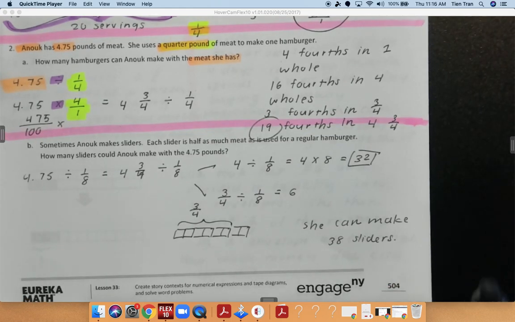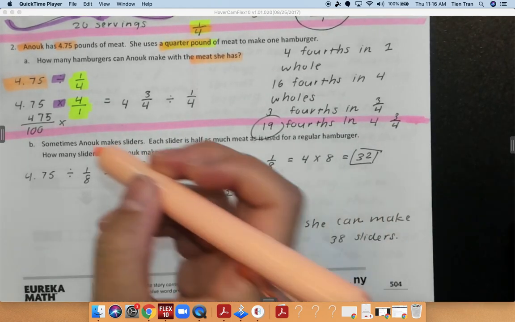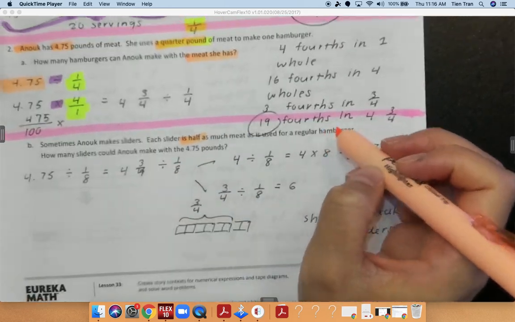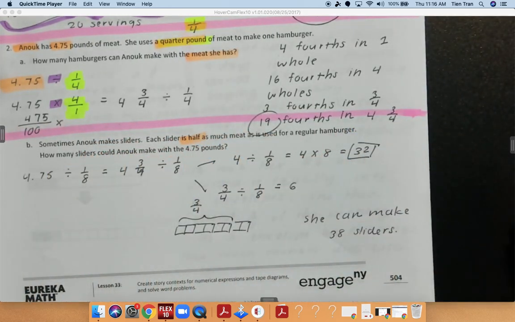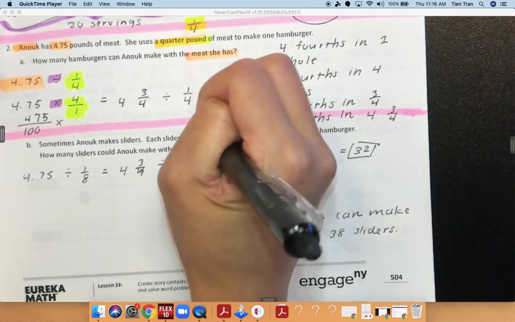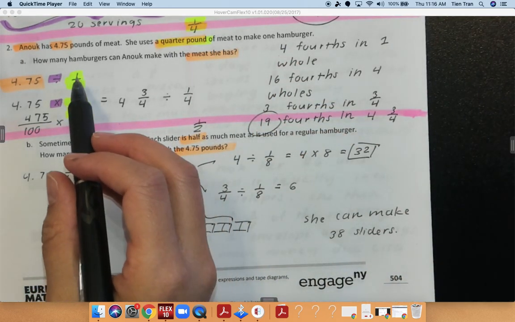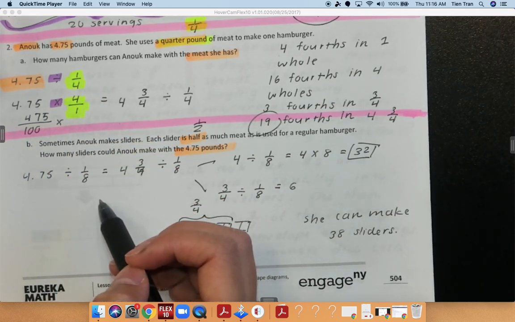Now for problem B, it says sometimes Anok makes sliders. Each slider uses half as much meat as is used for a regular hamburger. How many sliders could Anok make with 4.75 pounds? So again, it said half as much. So we have 4.75 divided by 1/8 because half of 1/4 is equal to 1/8.